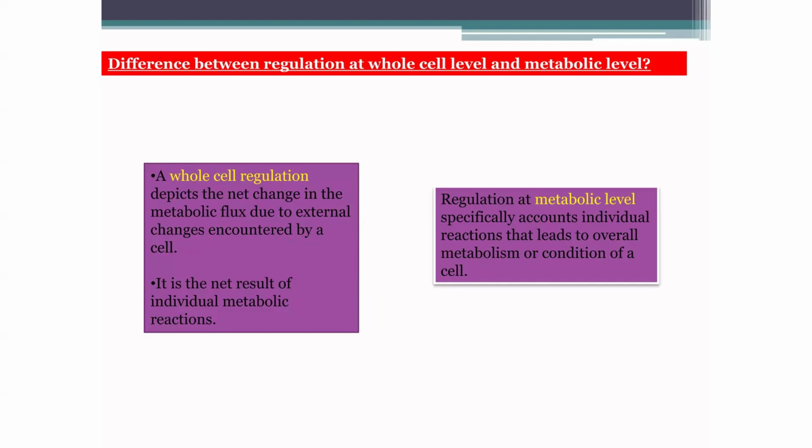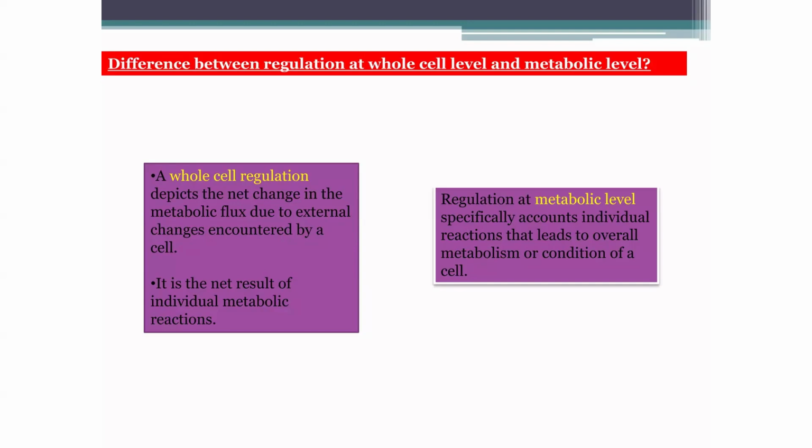Because the first one is hexokinase, the third one is phosphofructokinase 1, and the last one is pyruvate kinase. So these are the 3 points in glycolysis that are called irreversible steps. And they are the committed steps, they are the control center.